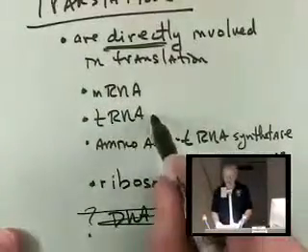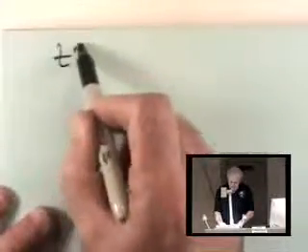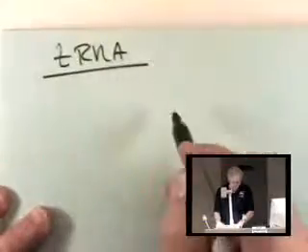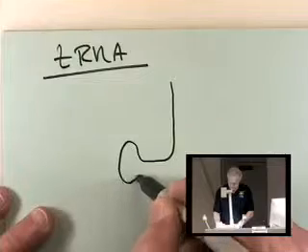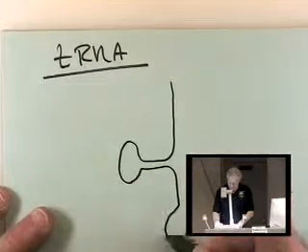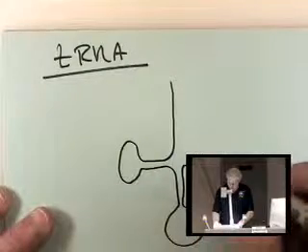So what is this transfer RNA? What does it look like? How is it made? What are ribosomes made of? Let's just highlight a couple of things here. So transfer RNA, tRNA, looks like this. It's transcribed from a gene somewhere by a different RNA polymerase.